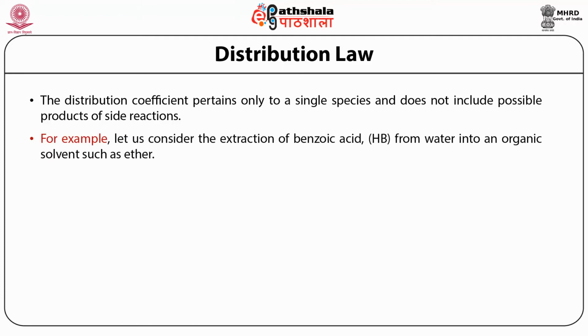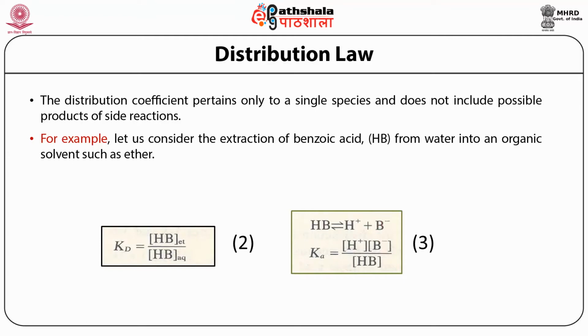For example, consider the extraction of benzoic acid HB from water into an organic solvent such as ether. Figure 1 explains the equilibrium situation, for which complications may arise if the aqueous layer is not acidified and the benzoic acid dissociates.